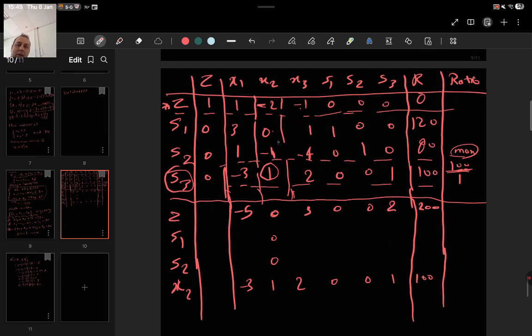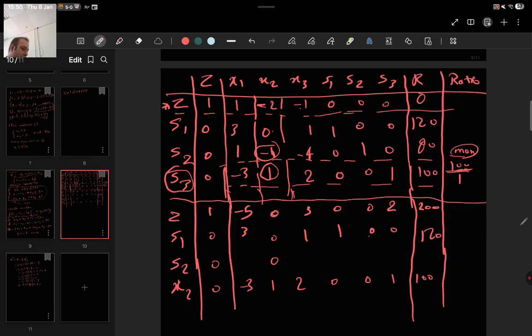So 3, 0, 1, 1, 0, 0, 1, 2. Because the pivot column value is already 0, we just write it down. The last one will be this, right? So what's the pivot value?